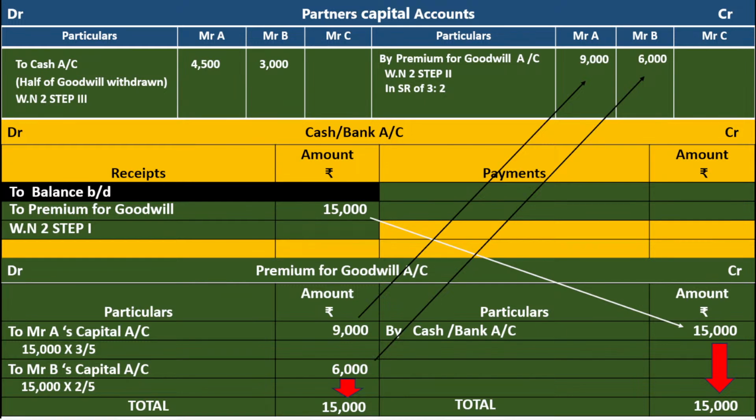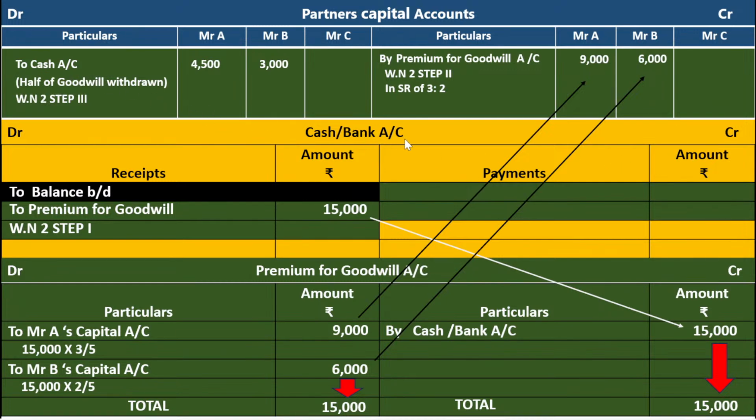It is in an activized manner. When you are writing in the cash or bank account, you read the entry in a passivized manner. Cash or bank account is credited, because in this journal entry it is credited. So when it is on the debit side of the partners' capital accounts, in the cash or bank account you should write on the opposite side, the credit side.